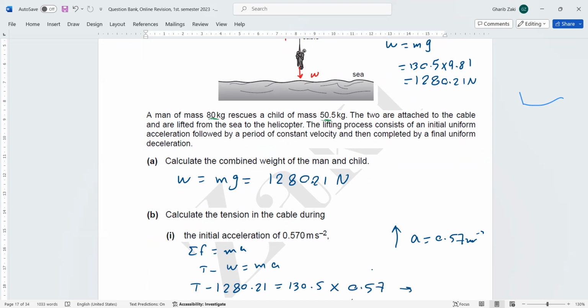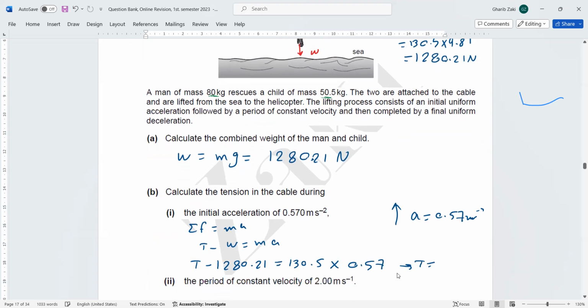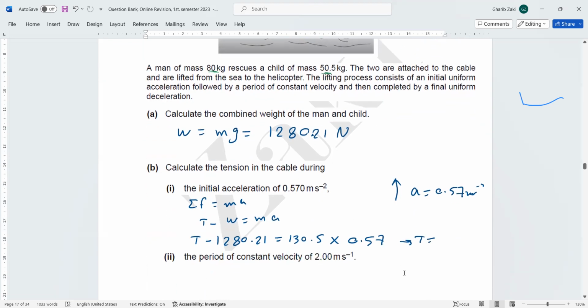From this, we can get the tension. Follow me, please, and try to solve with me. So 1280.21 plus 130.5 multiply 0.57. So the tension is 1354.59 Newton.